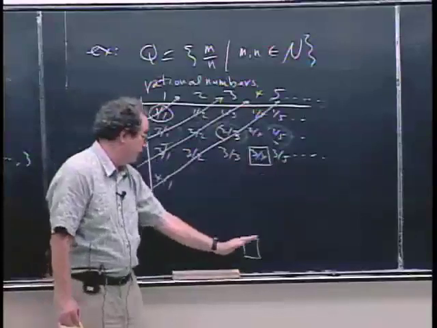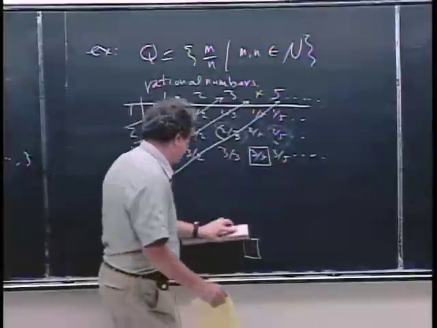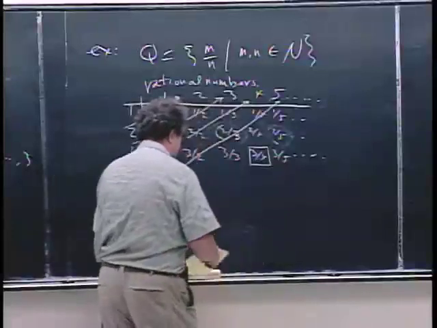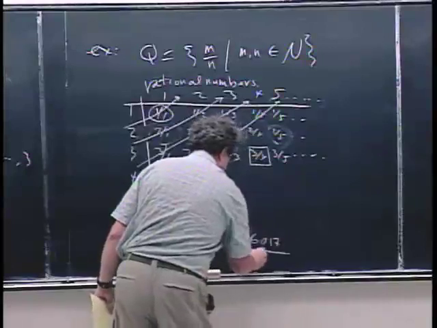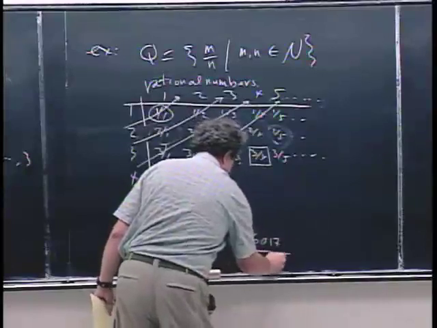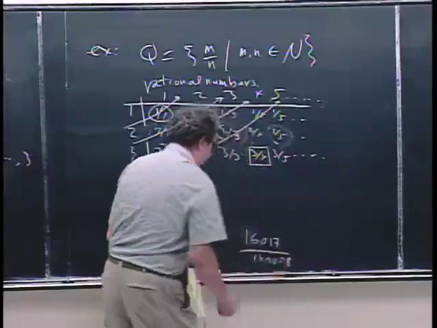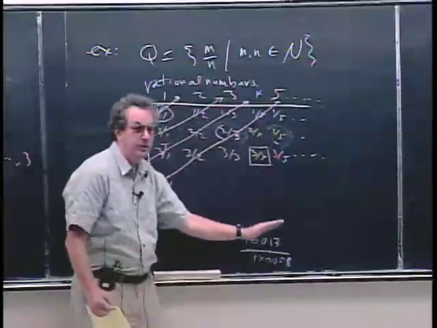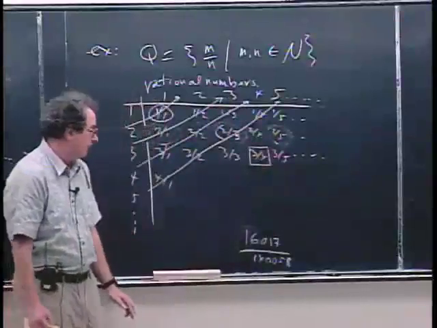And so eventually, for any particular square, for any particular rational, here we're looking down at, for example, 16,017 over 14,058. Okay. That particular rational eventually gets included in some anti-diagonal, right?